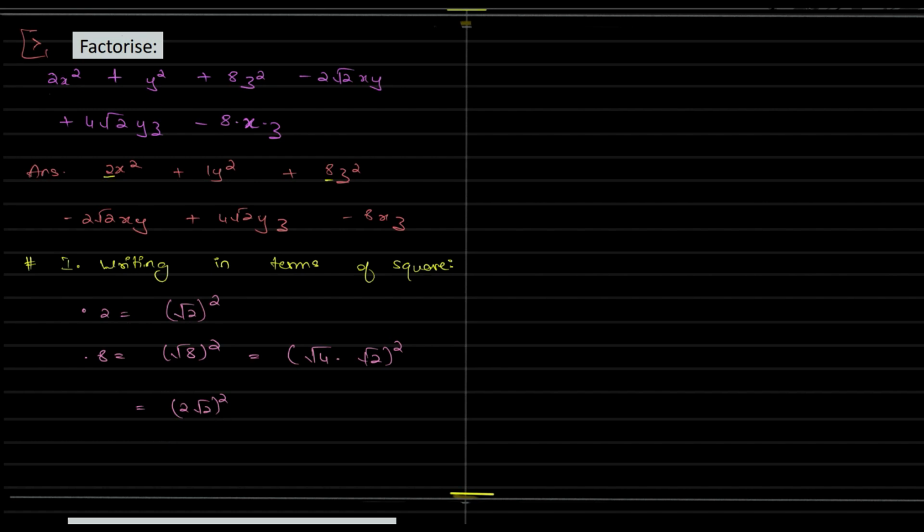And now you can rewrite the question as root 2 into x the whole square plus y square plus, in place of 8, I'll write 2 root 2 z the whole square. Okay, and then copy the rest of the question so that we can take a breather.